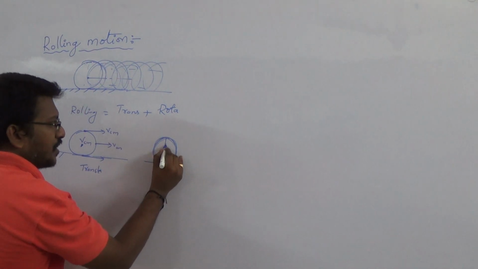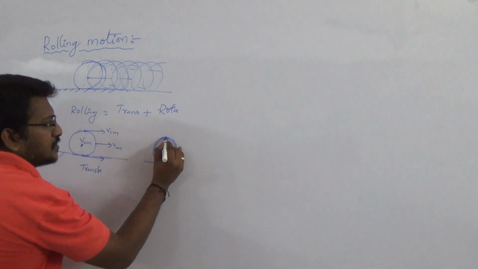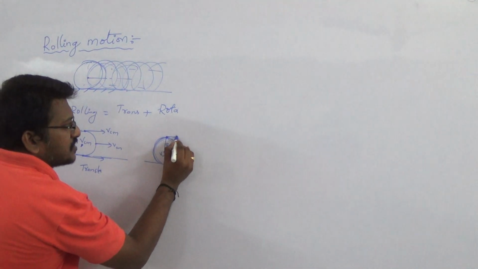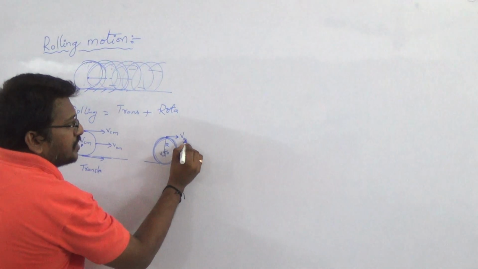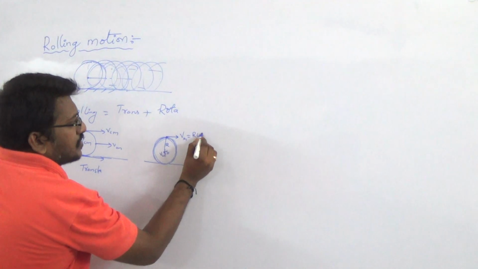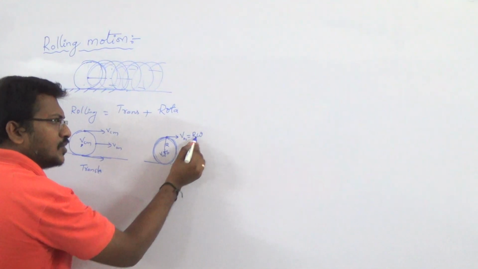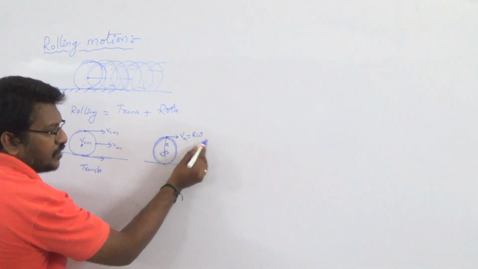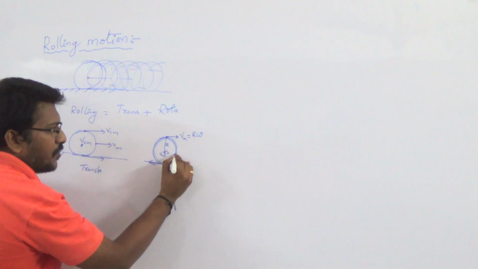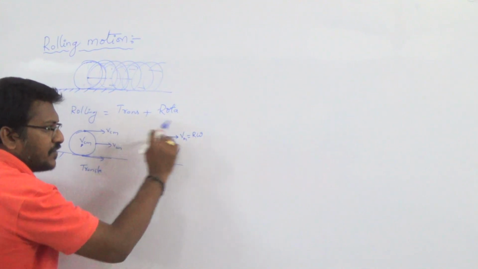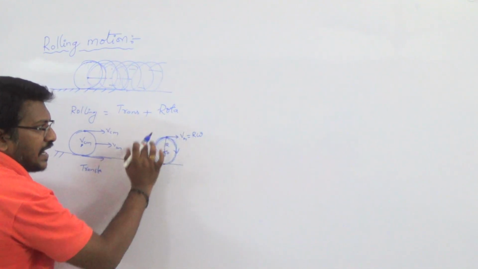The radius of this body is taken as r. At this point, the velocity of this particle due to rotation is Vr equal to r omega. Here also Vr is equal to r omega, and here also Vr equal to r omega, directed like this because the body is in clockwise direction.